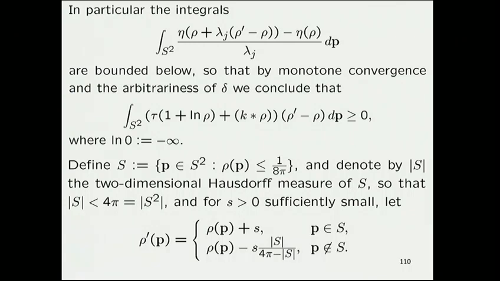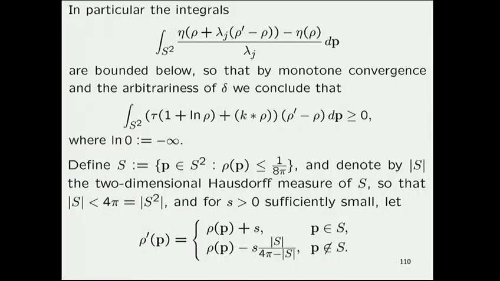We let S be the set of points where rho is less than 1 over 8 pi, and we write absolute value of S for its two-dimensional measure. So that's obviously less than or equal to 4 pi. But of course when I multiply this by 4 pi, I get a half, so it's strictly less.